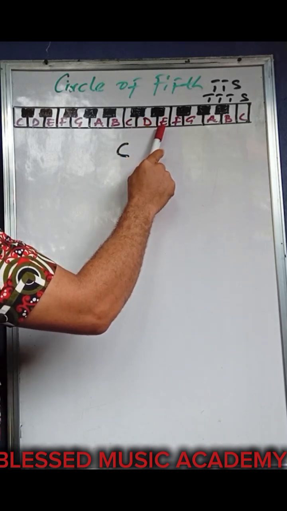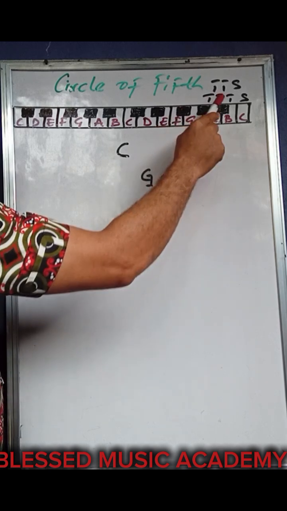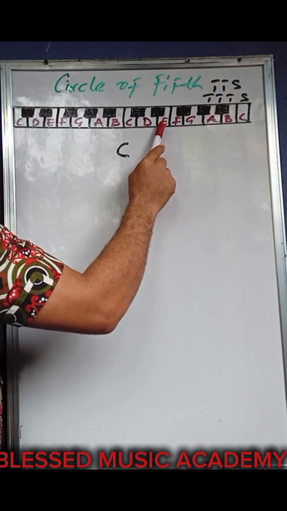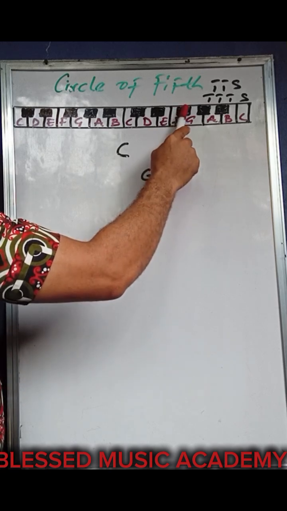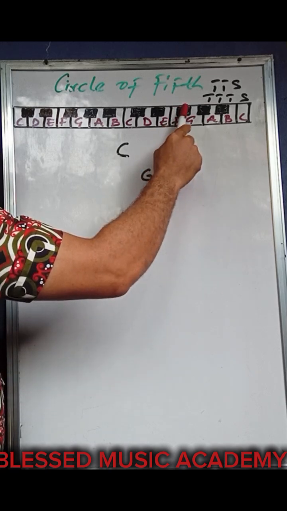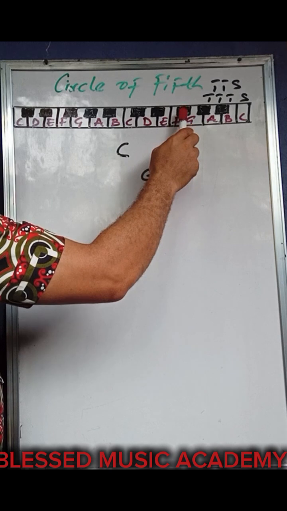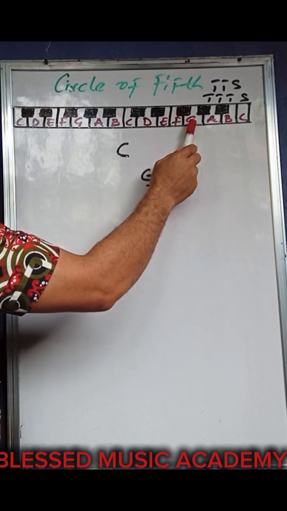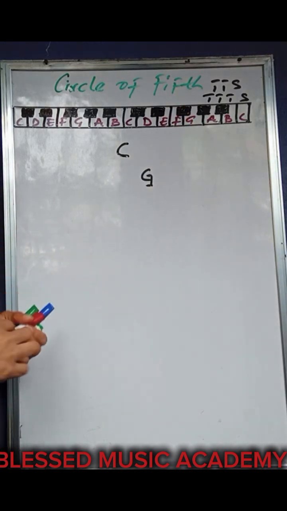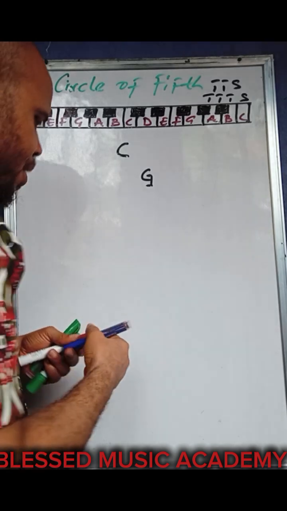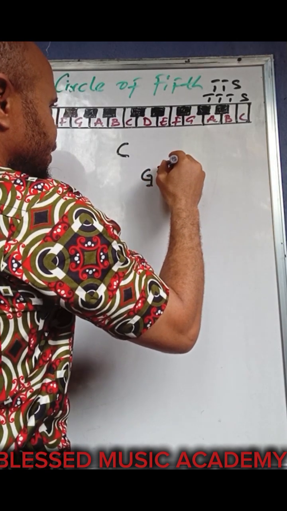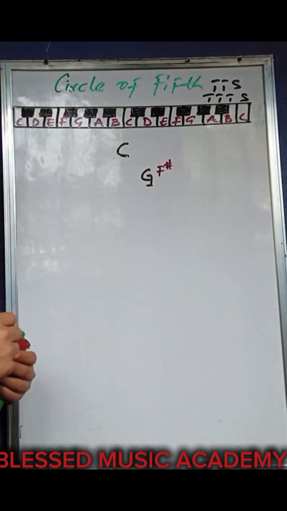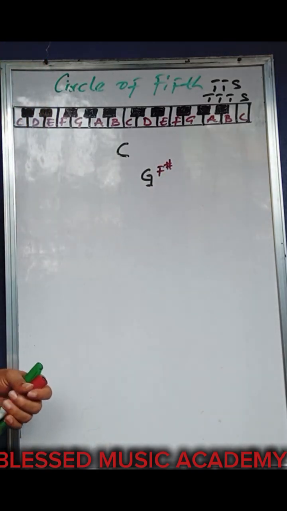D to E is a tone. So we have gotten 2 tones, we need another tone. E to F is a semitone, so what do you do? You sharpen F, you move to the nearest black key. So E to F sharp is a tone, while F sharp back to G is a semitone, which means in the key of G major, F is sharpened.